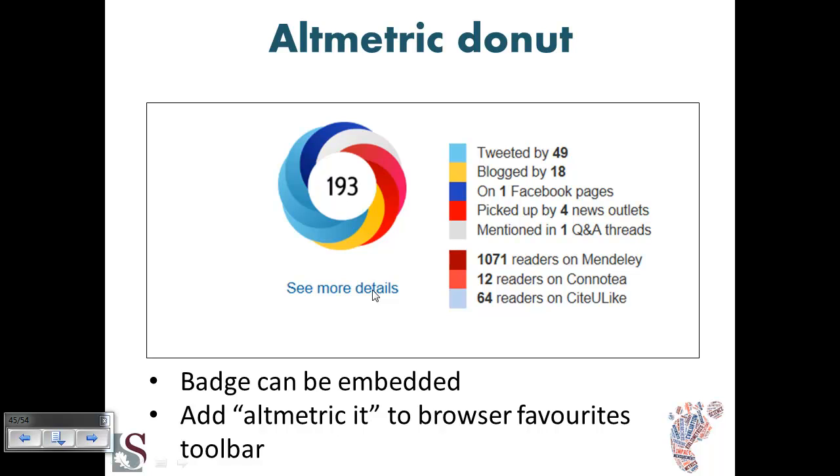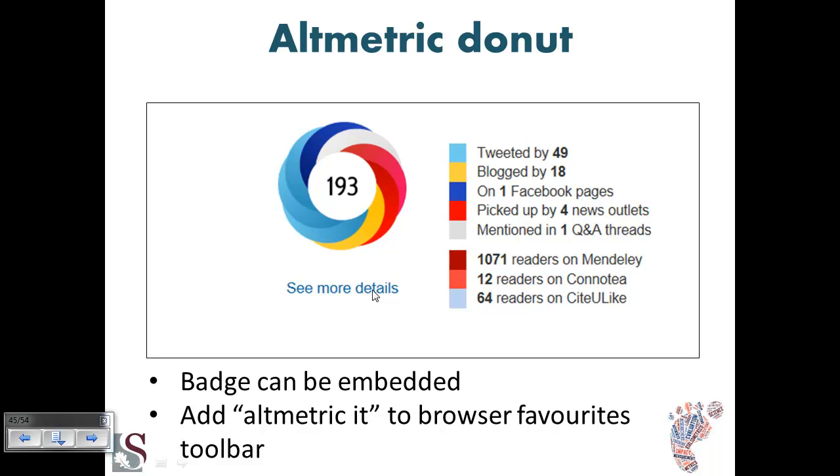The altmetric score, I just want to talk a bit more about that. We don't know the specific algorithm they are using, but it looks at the quantity of the attention received, the number of mentions like you see here, and the quality of that attention. So a news story will count more than a Facebook page.